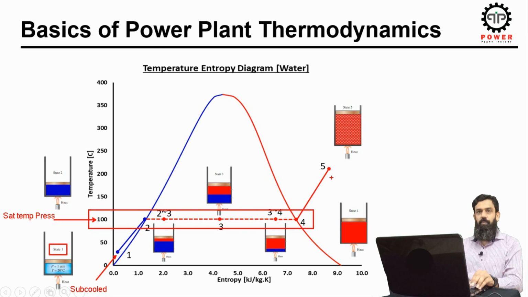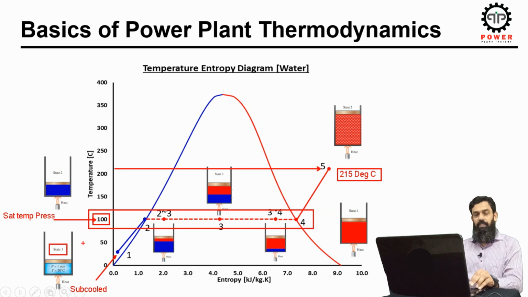For the concept of superheated vapors, let's discuss the condition of the system at stage 5. At stage 5, the temperature is tentatively around 215 degrees centigrade. So we can call the system at state 5 superheated because it has a temperature higher than the saturation temperature at the pressure of 1 atmosphere.